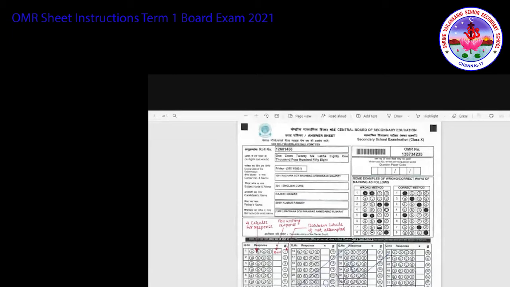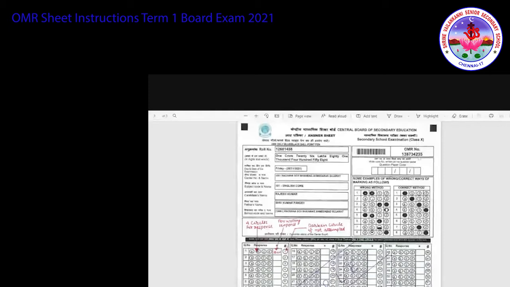So as sir mentioned, the candidate has to write the question paper code, which will be given in the question paper. The code has to be written in the upper right corner. If you can see the mouse, the arrow that's moving, it's right here.